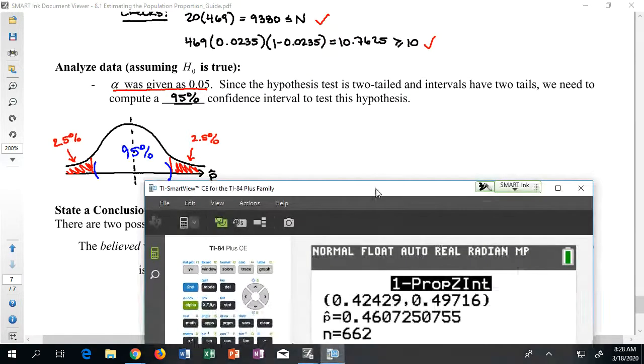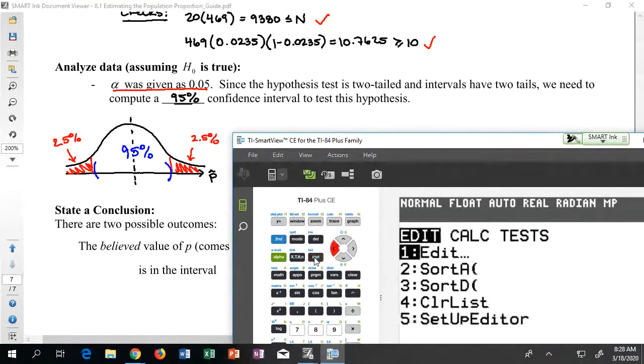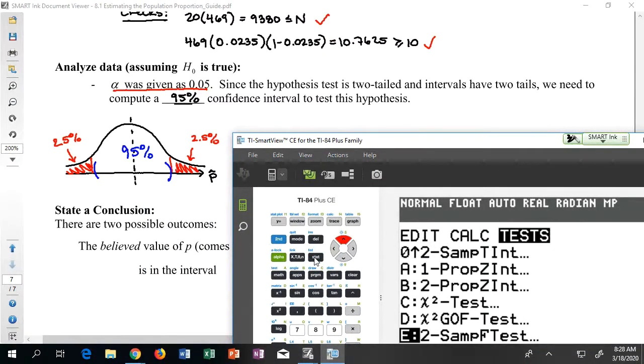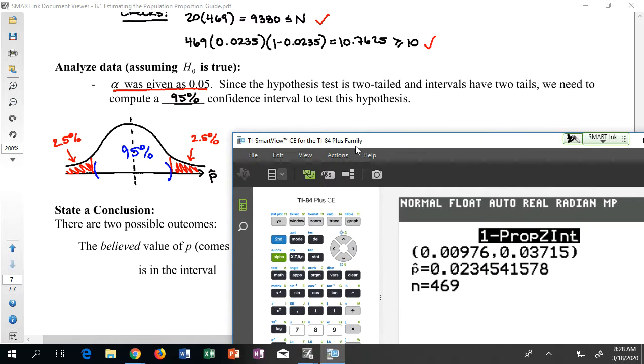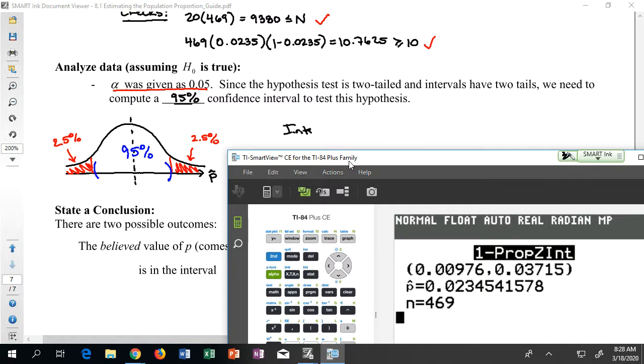To build this interval, I will go to the calculator and run through all my data. Here we had 11 out of 469, 95% confidence interval. I'm going to write down what this interval looks like. And so we can say that we're 95% confident that the real percentage of teenage mothers that give birth to twins is somewhere between 0.0098 and 0.372.